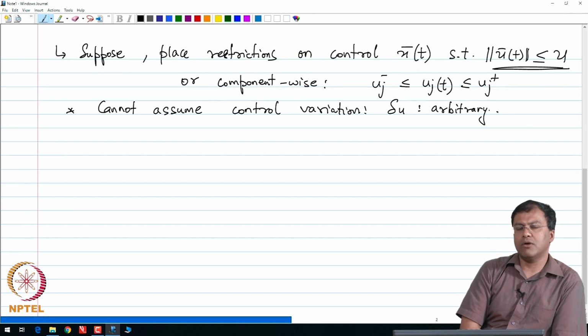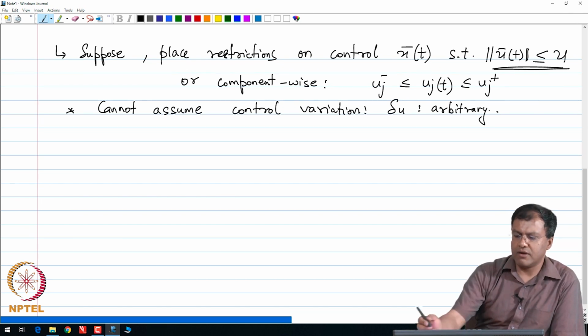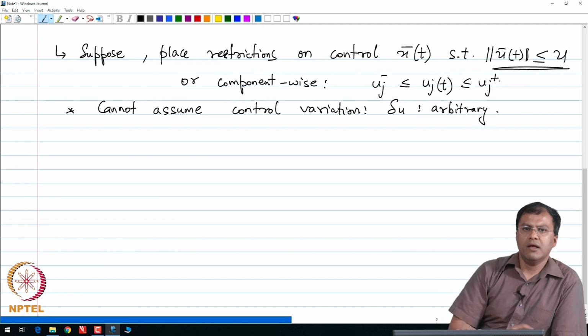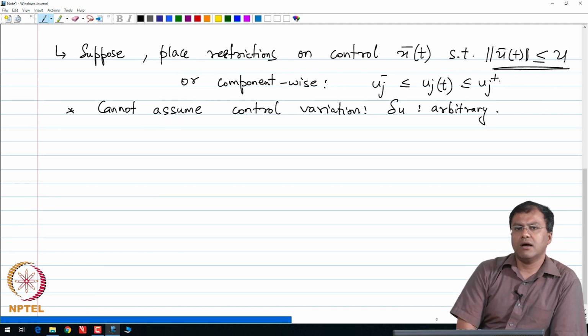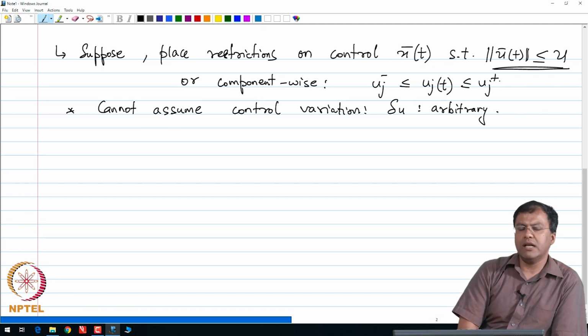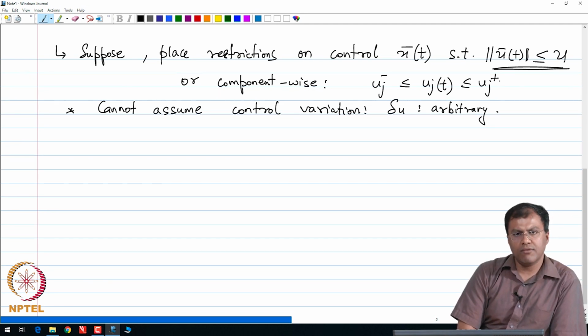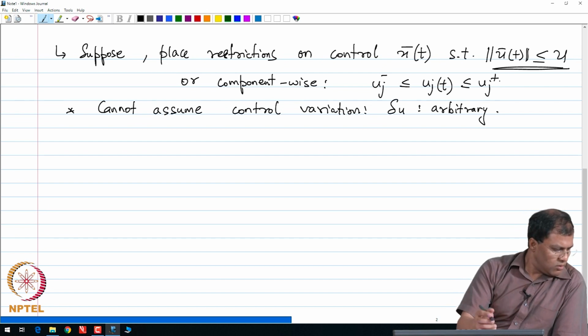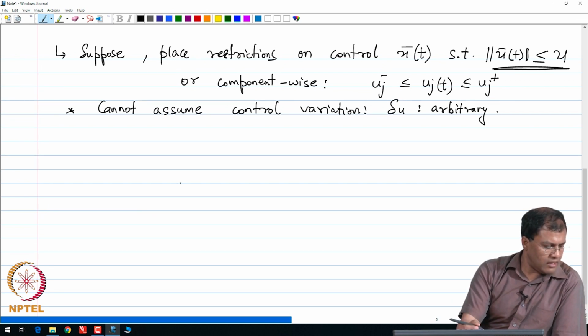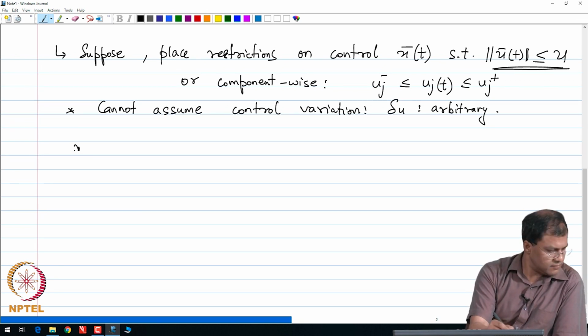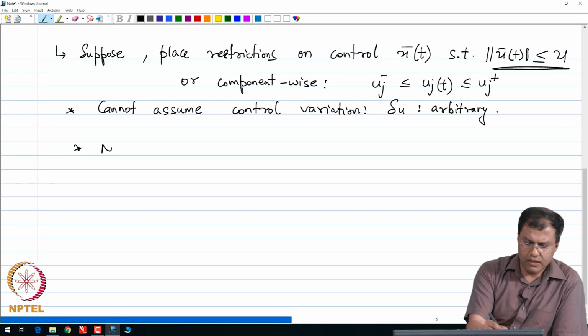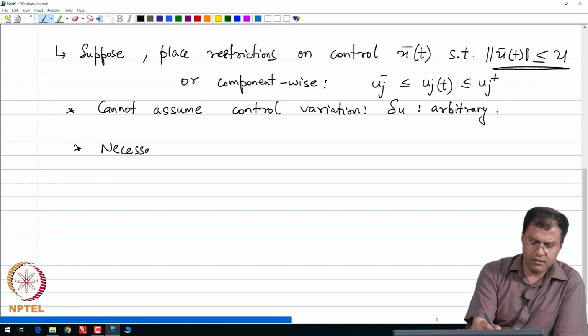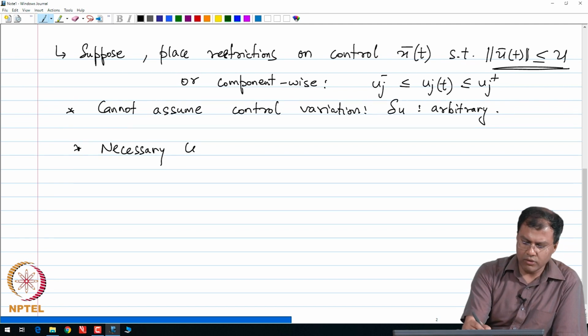So, now we cannot assume anymore that the control variation delta u is arbitrary. So what shall we do in this case? Notice that so far we have been optimizing our performance index or functional by setting the first variation equal to 0. The moment we have a constraint on the control variable, we cannot set the equality condition, but certainly we would like the first variation to be non-negative. So, the necessary condition is now changed as follows.